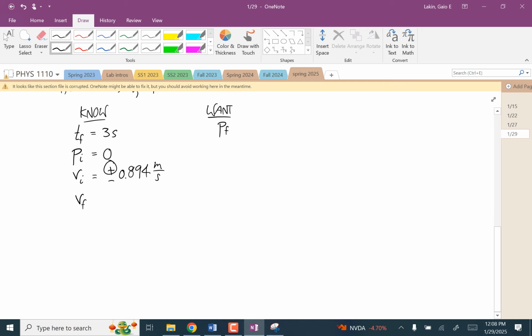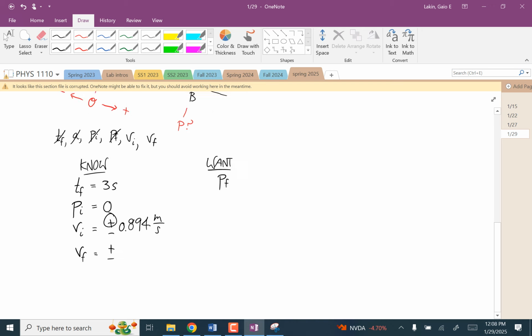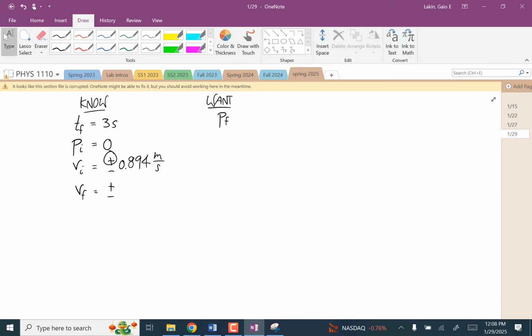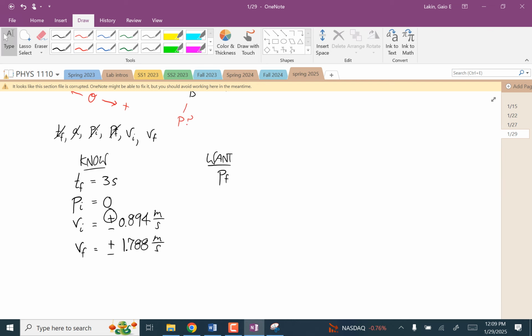And then our V final is plus or minus 1.788. I don't know why I randomly kept 3 decimal points. I always keep 2. But that's the kind of thing you can do if you don't care about significant figures, and I don't. Try it, it's so freeing. So now we have to figure out the direction. Is it moving in the positive or negative direction? Positive still? Okay, so there we go.